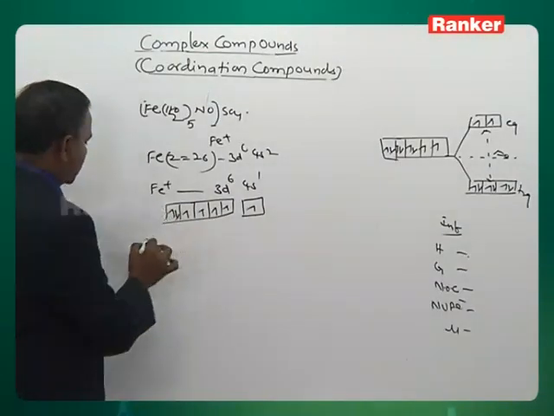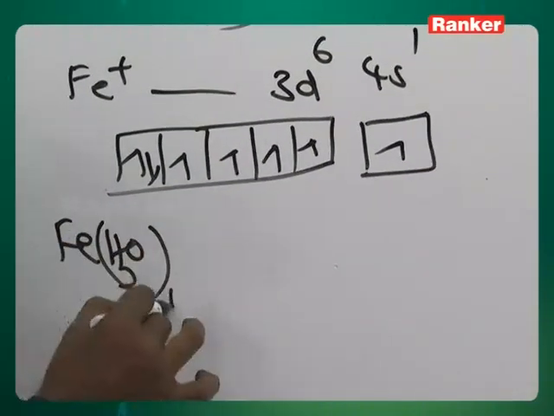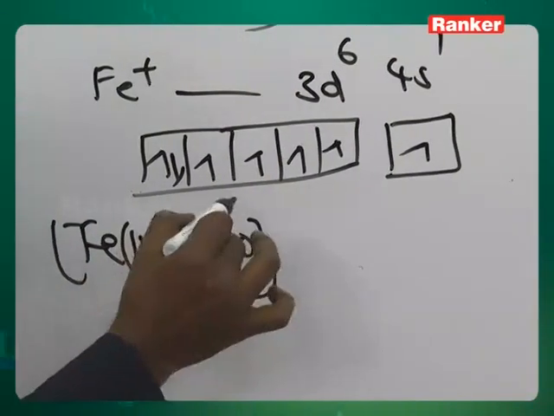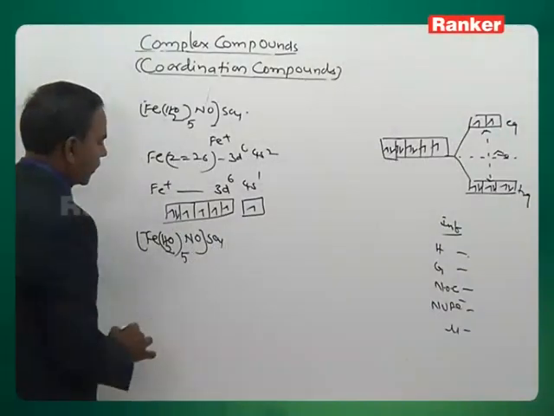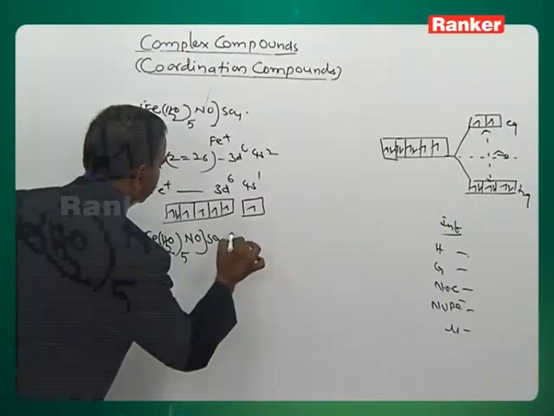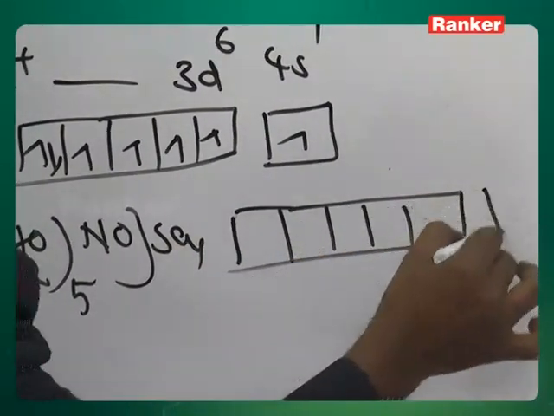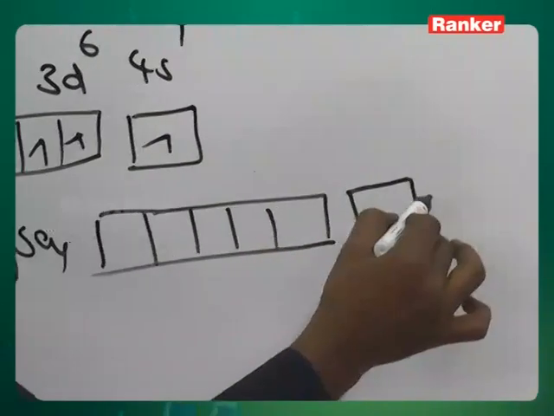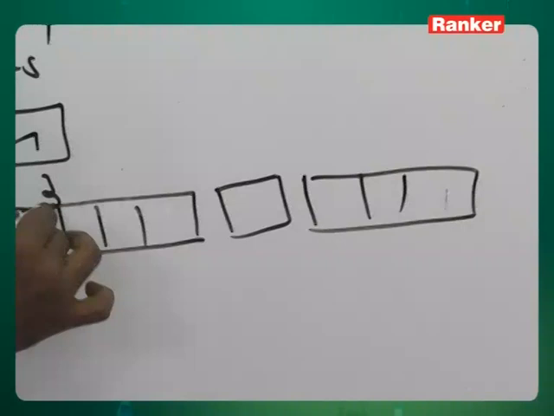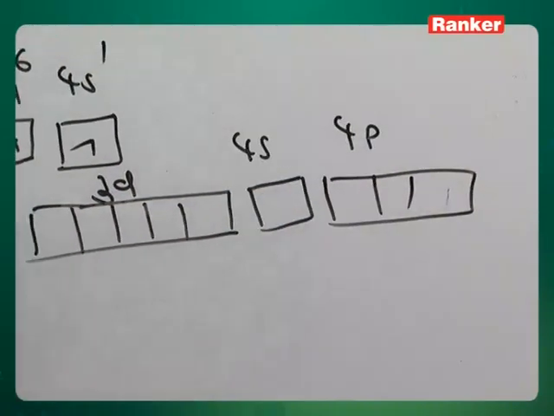Now let me write the complex [Fe(H2O)5NO]SO4. In this, look at the particular arrangement of electrons in 3d, 4s, 4p.